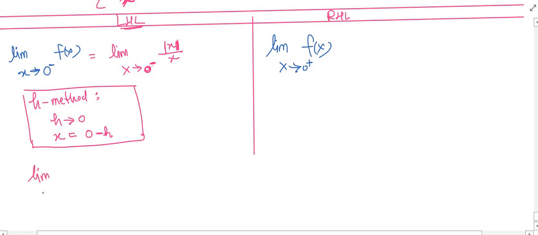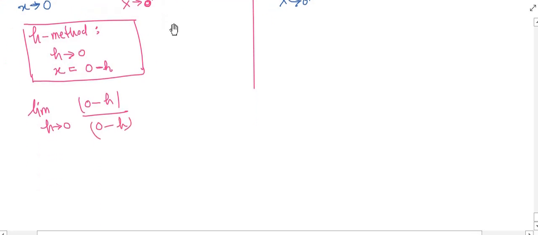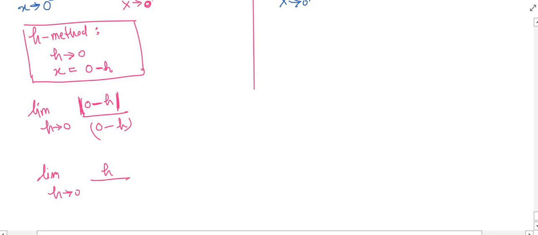So it will become limit h tending to 0, where x is replaced by 0 minus h, so mod of (0 minus h) by (0 minus h). What is the next step? We will first get rid of mod. Whenever we have to remove mod, the minus h will become h only.